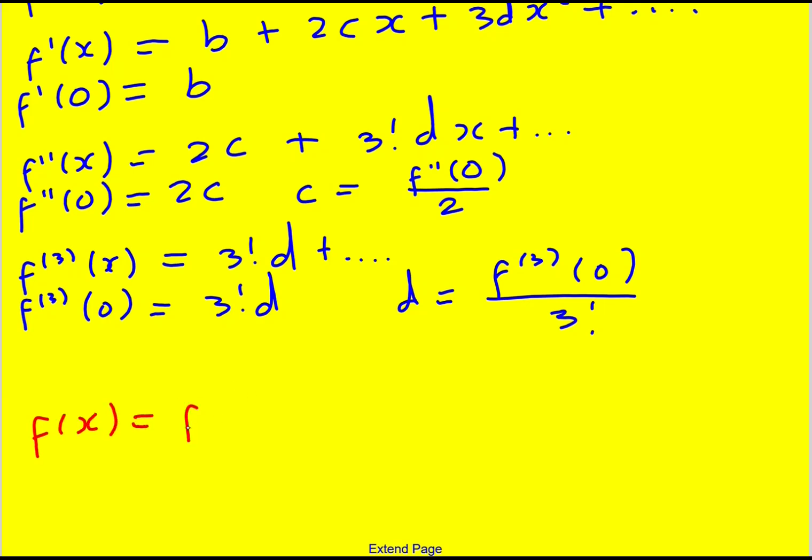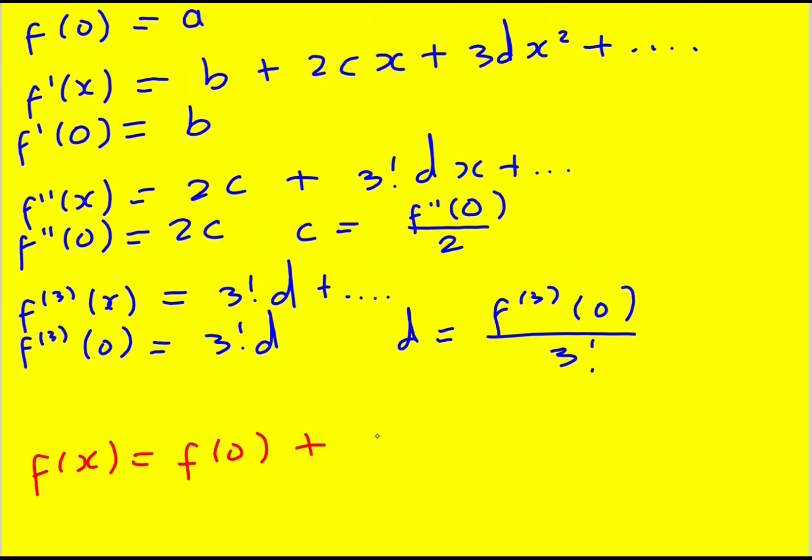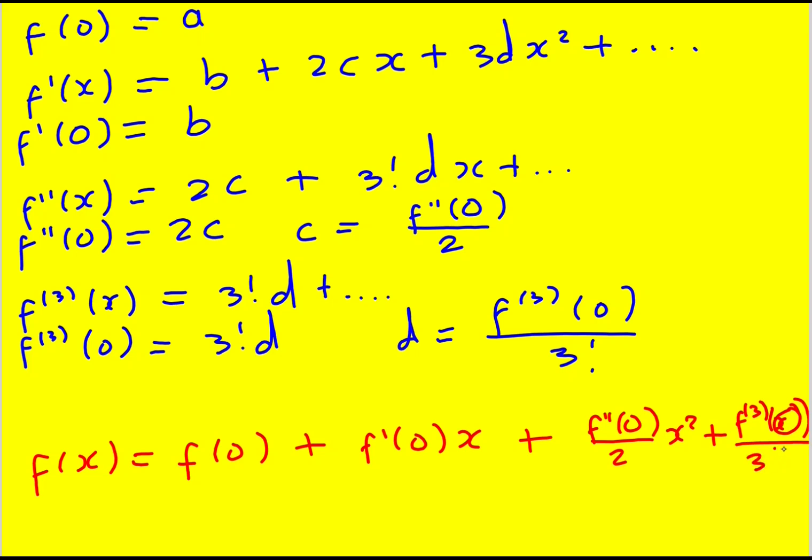It was a, which we've just showed was f of 0, plus bx, that's our f dash 0 x, plus cx squared, so that's f double dash 0 over 2 x squared, and then f3 of 0, sorry, over 3 factorial multiplied by x cubed.